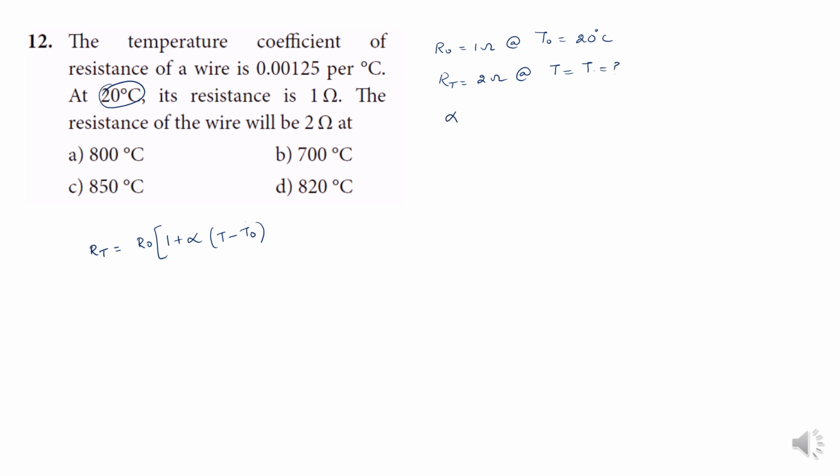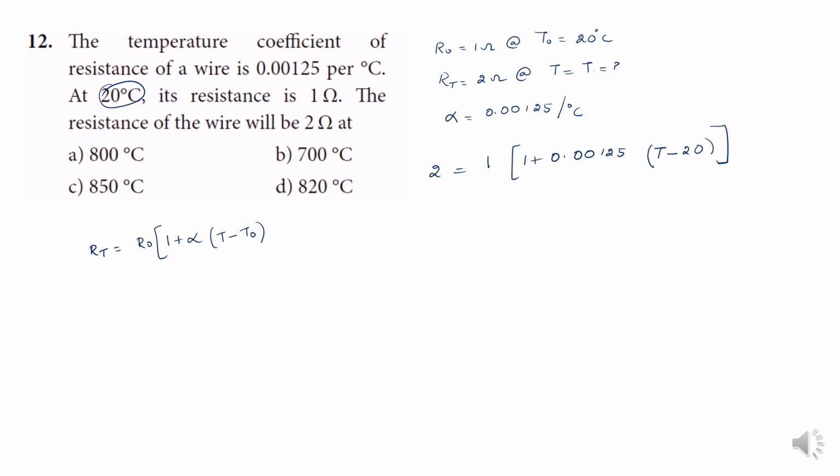The temperature coefficient alpha is given as 0.00125 per degree Celsius. Substituting in this formula, R_T is 2, equal to R0 which is 1, into 1 plus 0.00125 into T, which is not known, minus T0, which is 20.